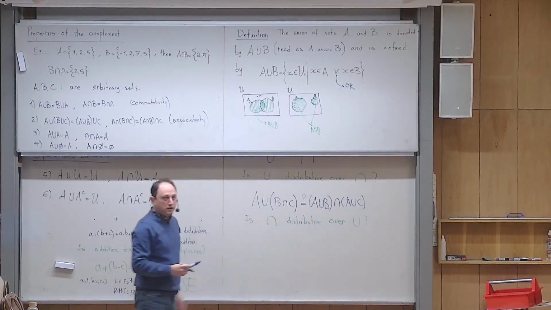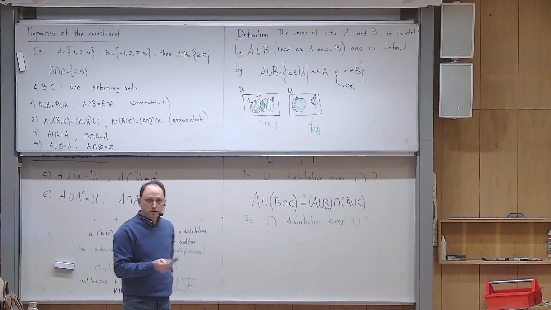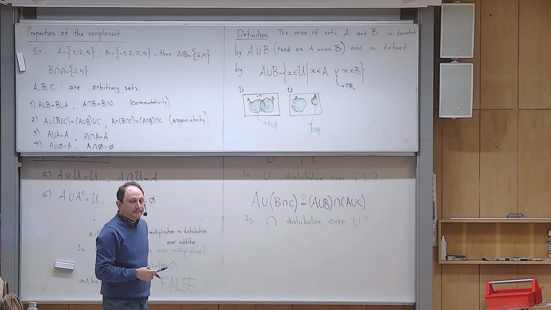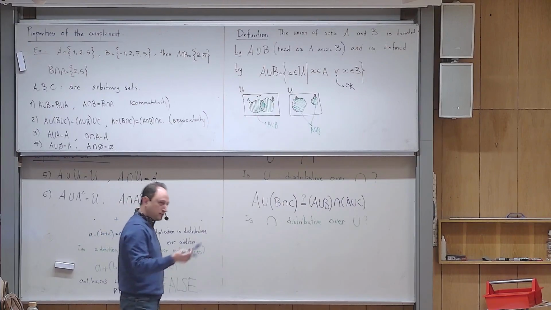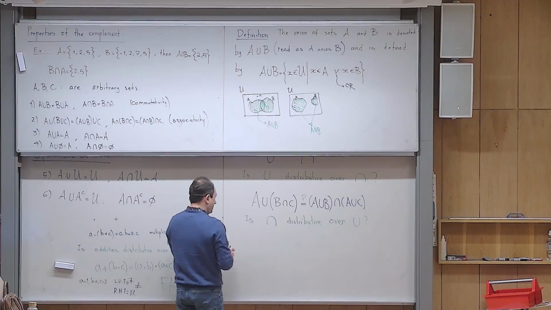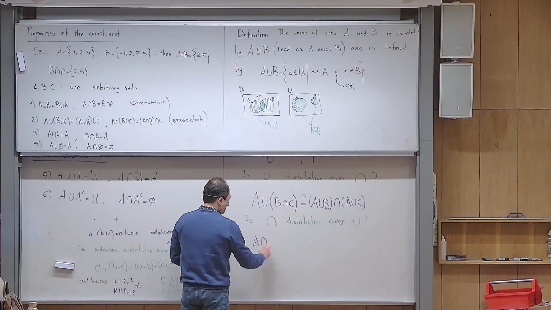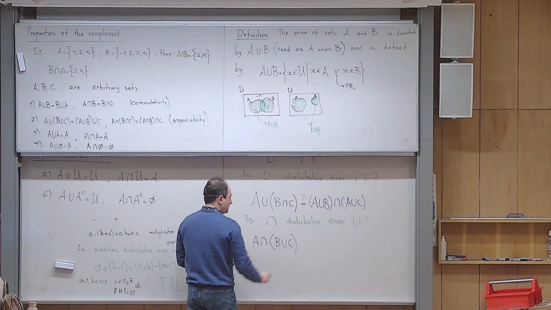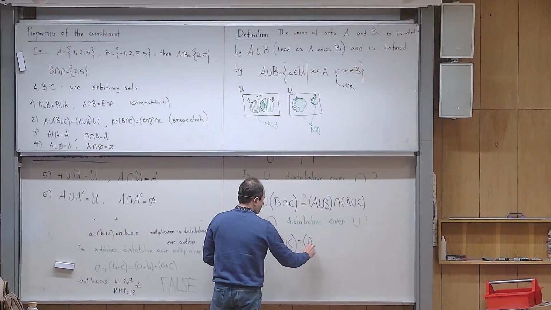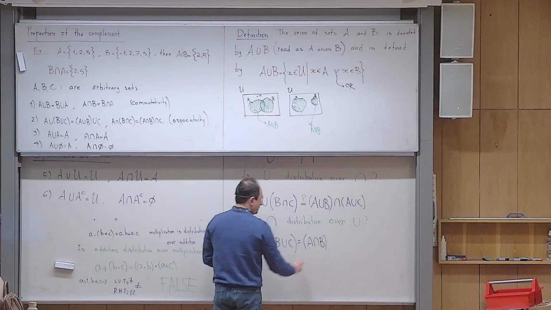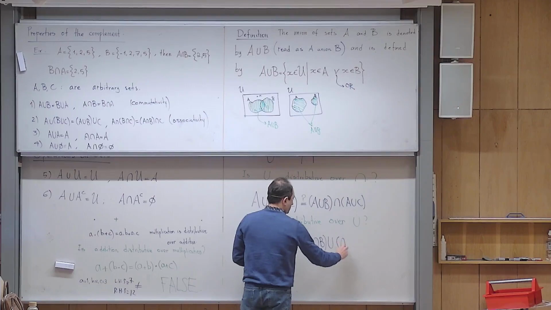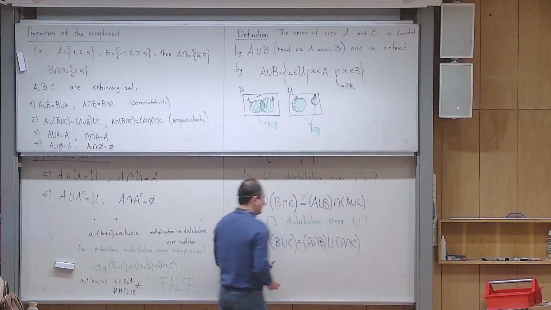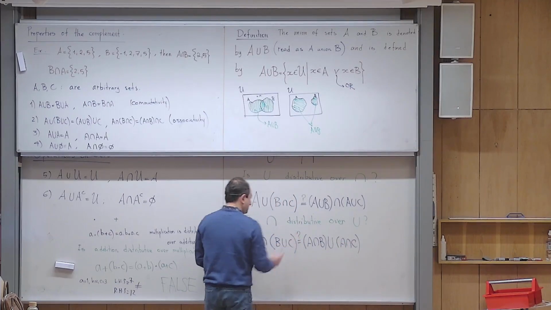What should I write here? Anyone else? Okay. It will be A intersect bracket B union C. Exactly. Equals bracket A intersect B union bracket A intersect C. Yes. And the question mark comes here.